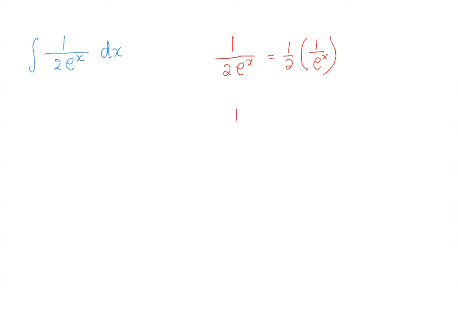If you straight away bring the whole thing up, it will be 2e to the power of x, the whole thing to the power -1. So for this one, you integrate, you can't use this rule.